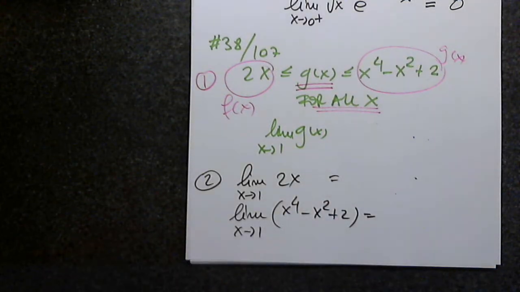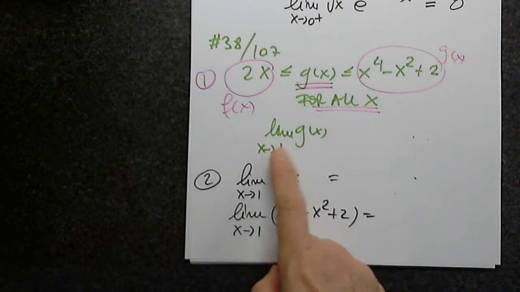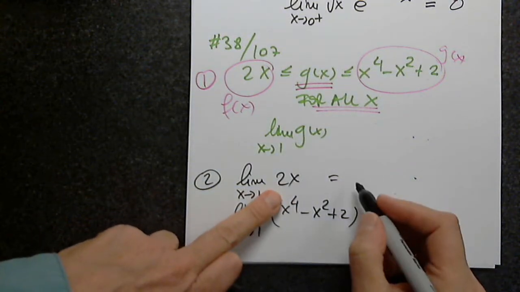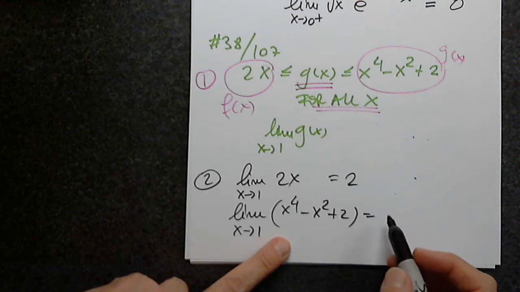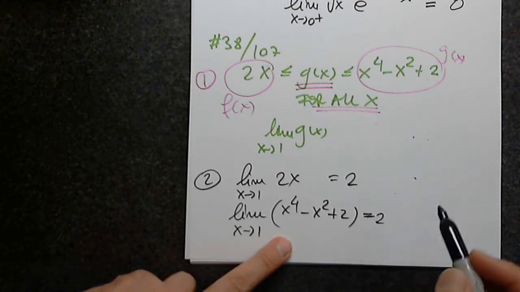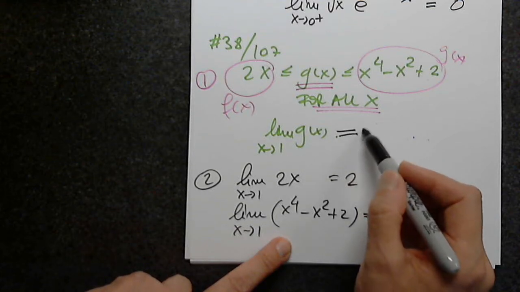If these two happen to exist, and if they happen to be the same number, what do you conclude about the limit of g of x as x approaches 1 by the squeeze theorem? As that number. Okay, what do you think about the first one? What do you think about the second one? 2. What do we conclude then?